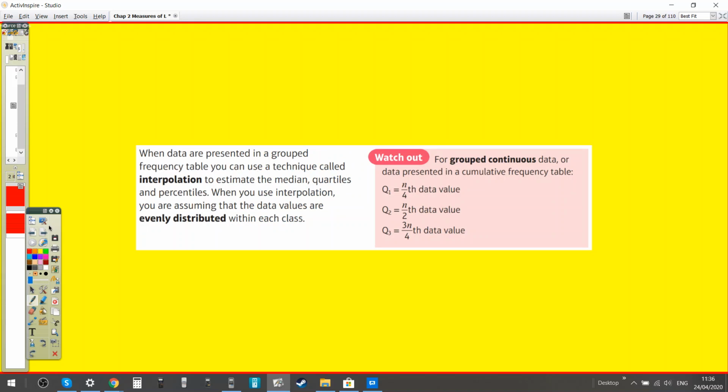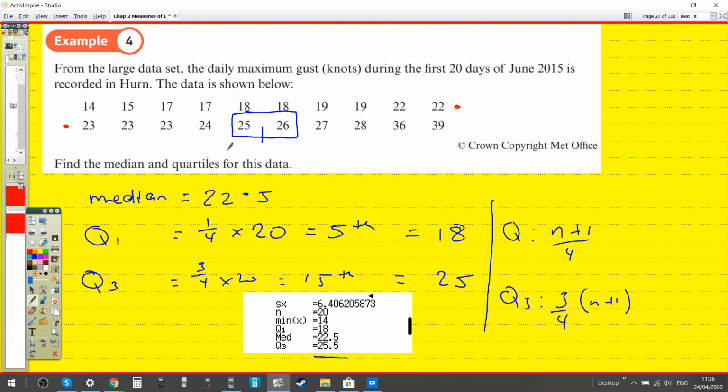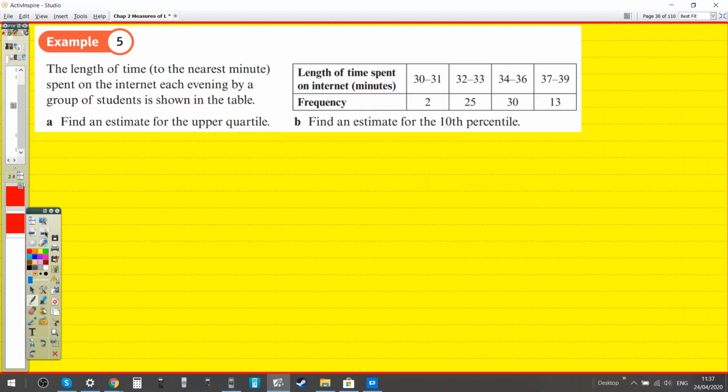Instead of taking the number right in the middle of the two numbers, you can say if my value is 3/4 of the way along, then I might take 25.75 as a better estimate. Or if it's 9/10 of the way along, you might say 25.9 as a better estimate than 25.5. That's called interpolation. So for this one, find an estimate for the upper quartile.